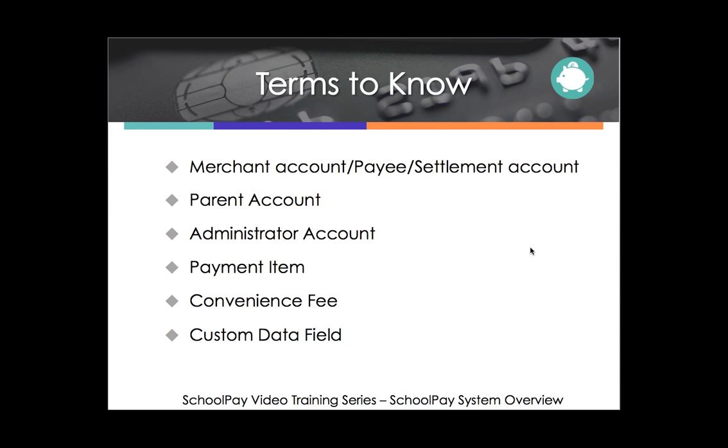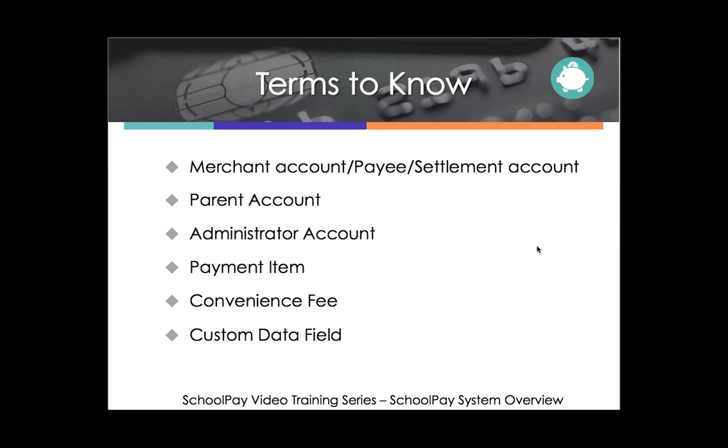The convenience fee is different than the transaction fees that are assessed by SchoolPay. The convenience fee is assessed to the parent, typically dictated by the district policy, and paid for by the parent, and the funds go to the district or the school, again, depending on the policy of the district.